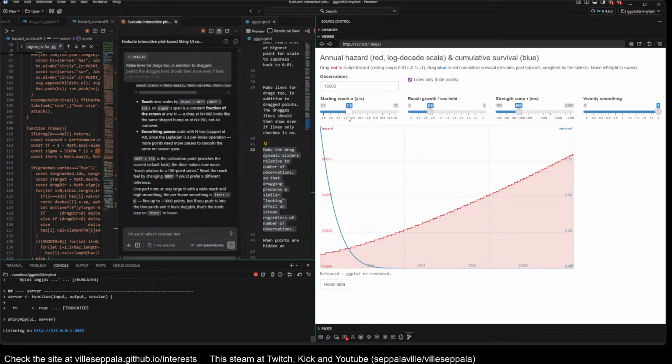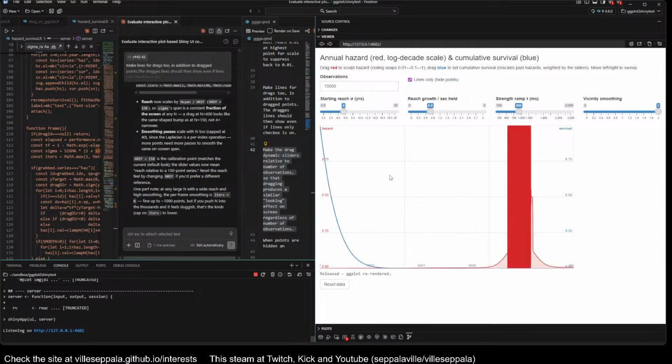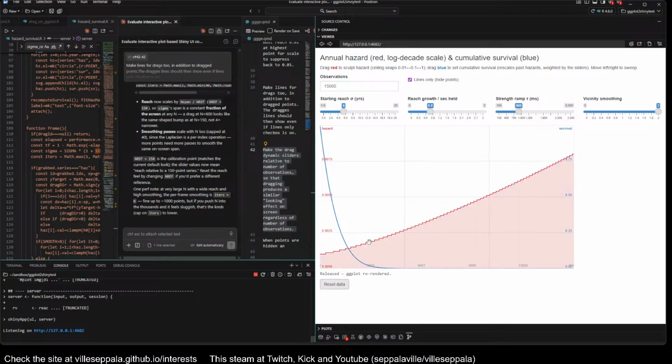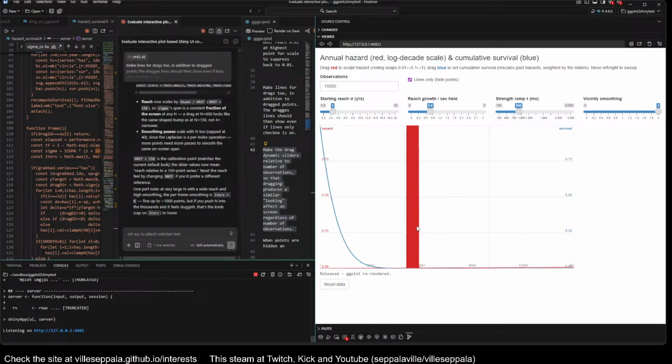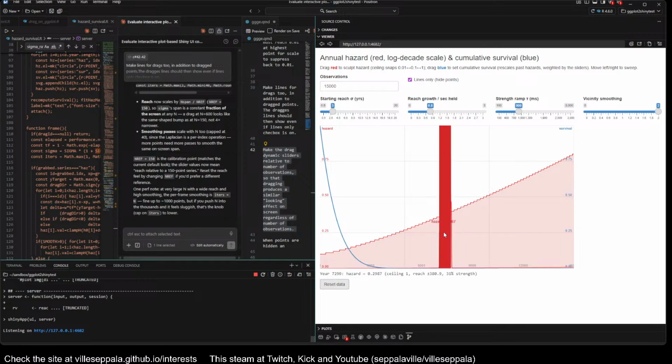Oh, it's because of this. And we should probably have different sliders for. Okay, there's still something going on. What's wrong? Why is it doing this? What's happening?